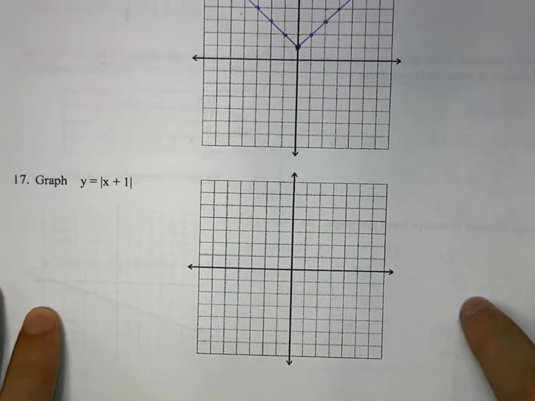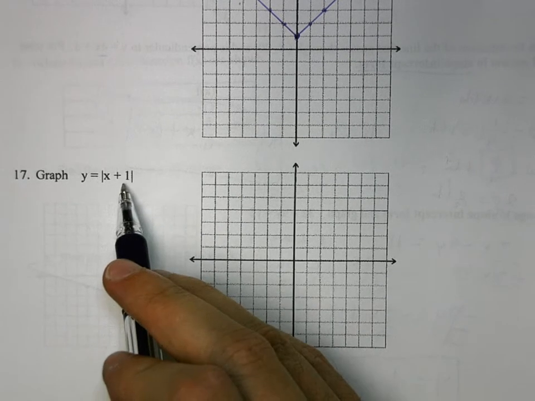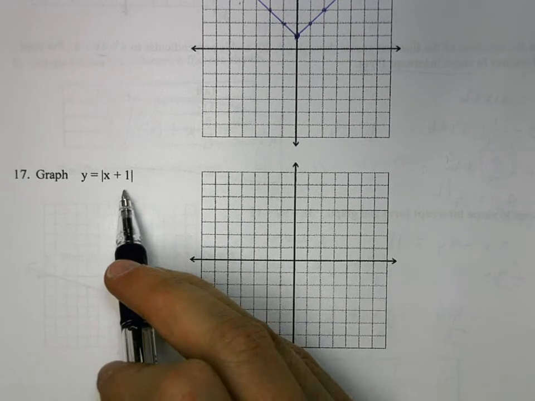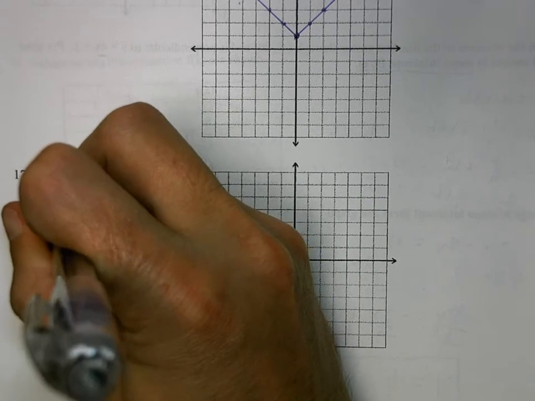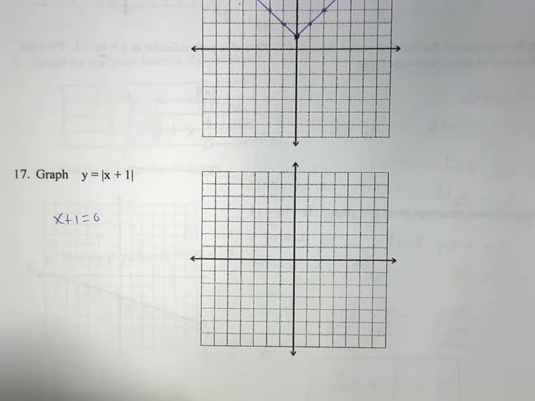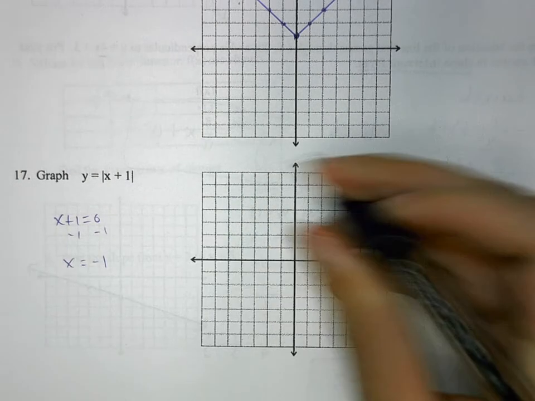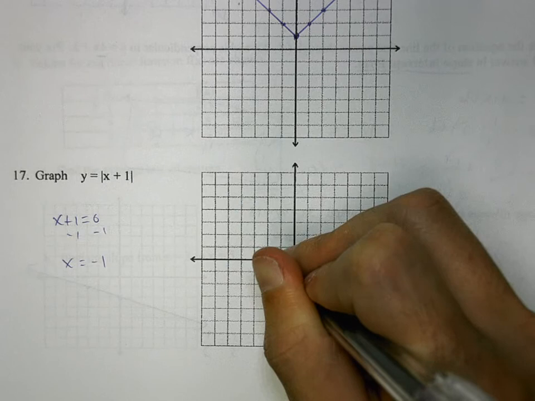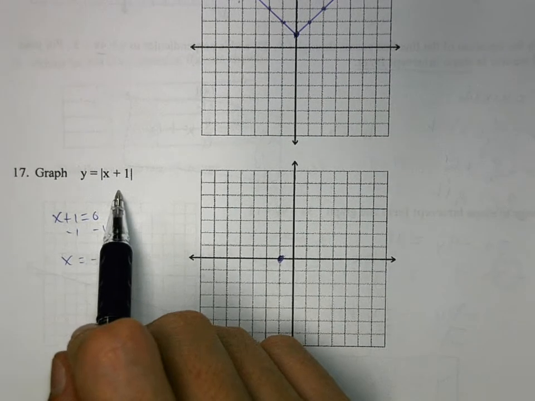This graph says plus 1 on the inside. So it is going to shift left 1. I know you think it's going to go right, but it has to go left. Here's why. If you did x plus 1 equals 0, and you subtract 1 from both sides, you get x equals -1, which is to the left. So if it's inside parentheses, you go in the opposite direction.